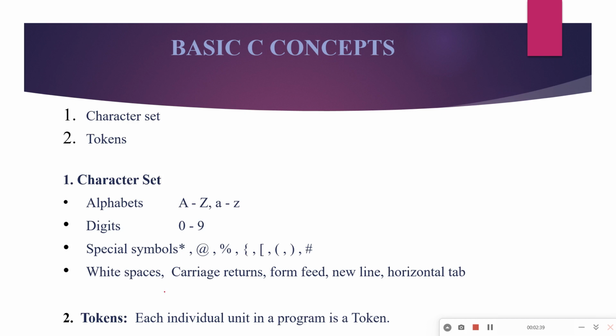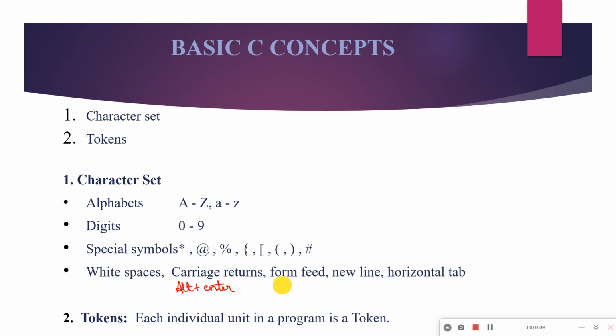Then white spaces. Yes, this includes blank spaces, horizontal tab, vertical tab, then carriage return, which is generally used to reset the device position to the beginning of the line of text. Then form feed, it is nothing but a page break generally used in printers, where the content which follows is just part of a new page.